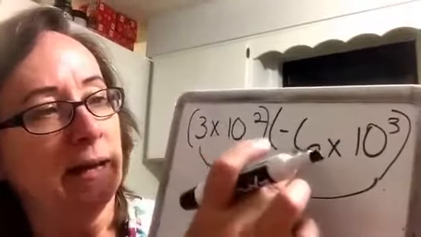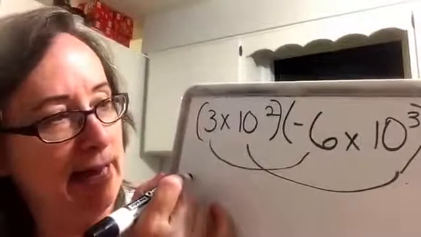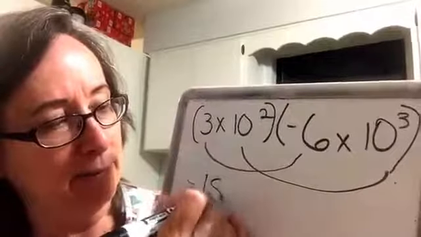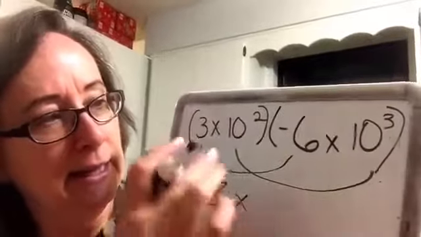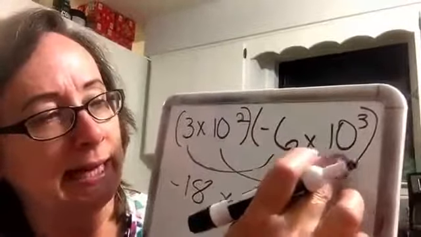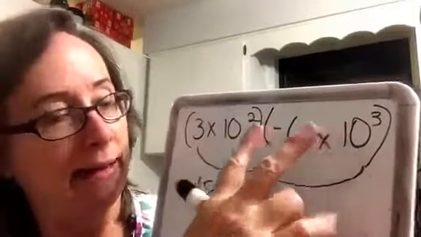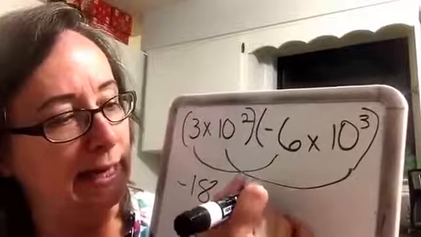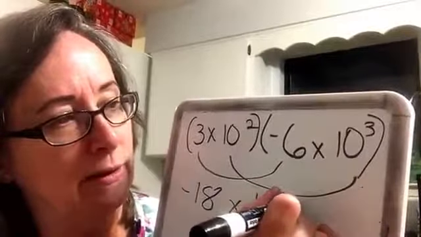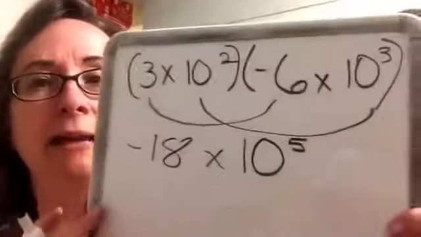So 3 times negative 6 is negative 18, and 10 times 10, since we have the same base, we'll add the exponents. So we wind up with 10 to the 5. We're adding those exponents.